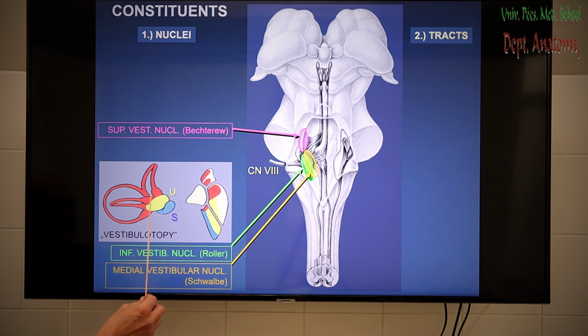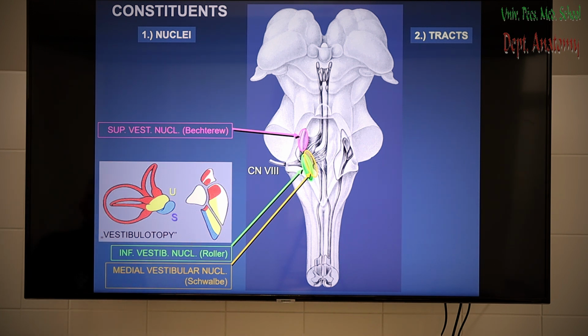And if you consider the termination of the ampullary crest, or cristae ampullaris, then in all three nuclei you can find these synaptic couplings, while utricular fibers from the macula of the utricle terminate only in the medial and inferior, and those from the saccule only in the inferior vestibular nuclei.